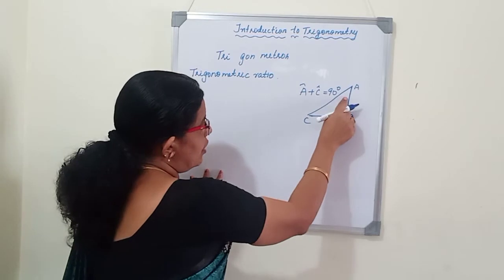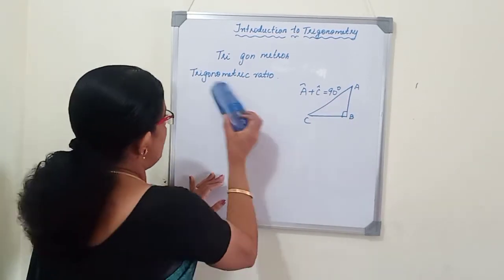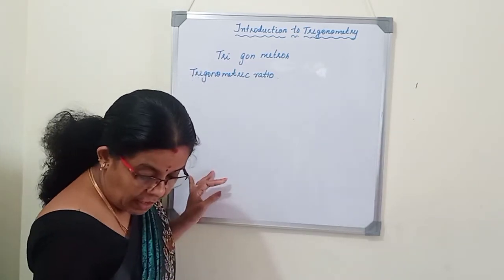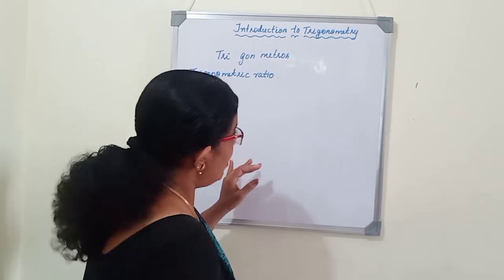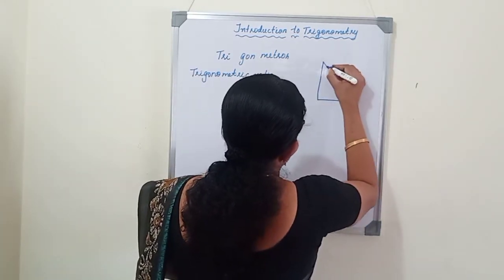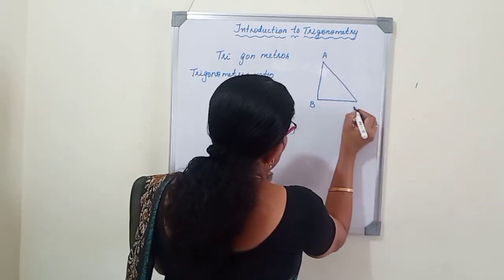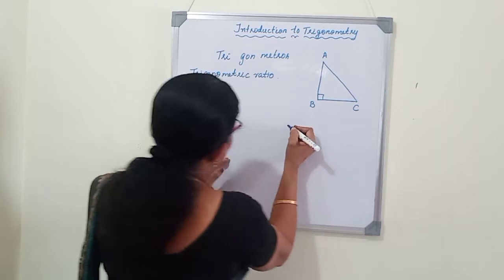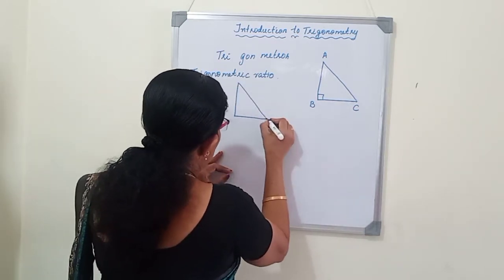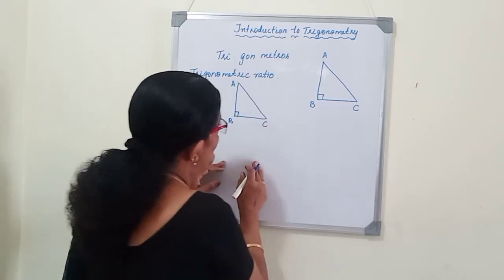So here these acute angles will be represented as theta. First we will see the sides of the right angle triangle with respect to acute angle theta. So here I will draw two right angle triangles, ABC with angle B is 90 degree. Another triangle, same triangle ABC with angle B 90 degree.